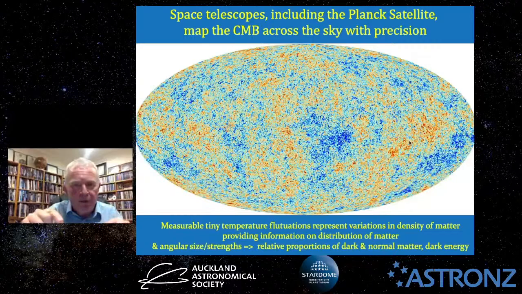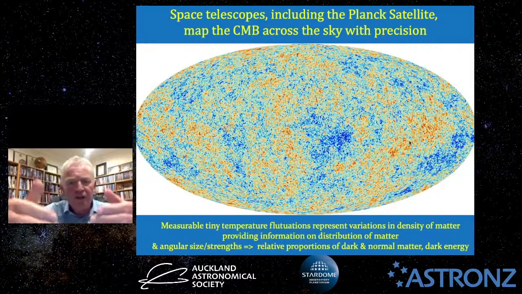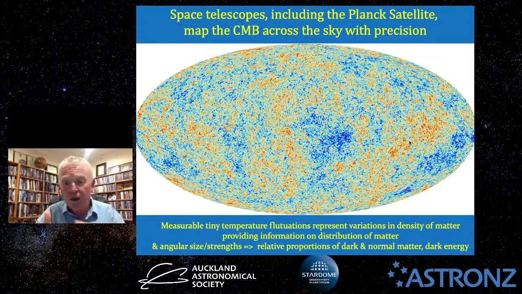They're able to pinpoint the angular size, measuring the size of it in the sky, and also measure how strong or how weak those little temperature fluctuations are. And from there, they can tell you the relative proportions of dark matter, dark energy, normal matter, and so on. A lot of properties of the universe, including even its geometry.